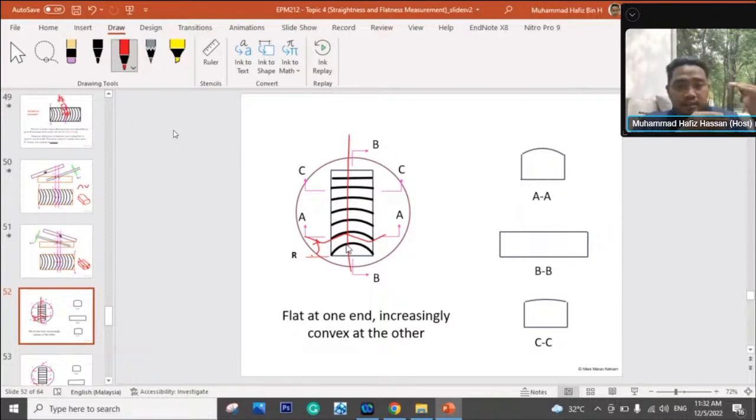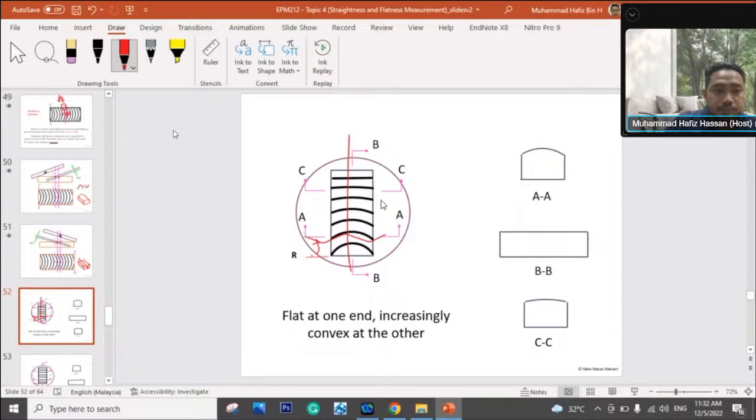It's not too concave, because you can see the fringe patterns are almost straight, but they still have a curve here, a very minimal curve. Compared to section AA, you have to see the difference between both cross sections.